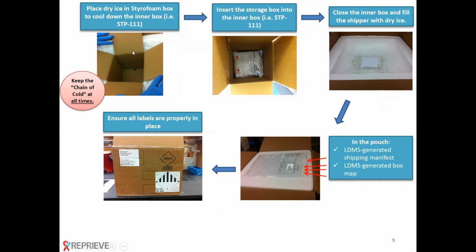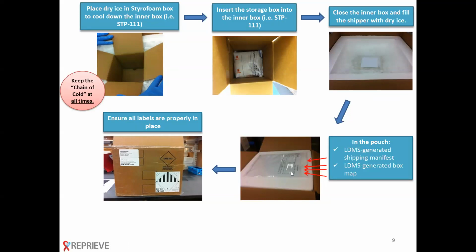And once you place it, that's what is sitting on dry ice and surrounded by dry ice. Envelope is there. Close the box and place more dry ice on top. You do want to allow this inner box to cool down. So once you place it into the dry ice, give it a few minutes to come to the same temperature, and then you continue on.